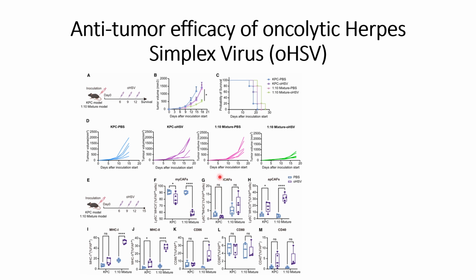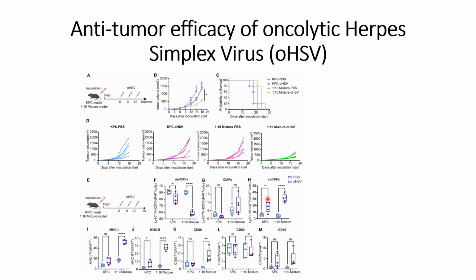And when they check the induced CAF, although it shows a decrease in the KPC and an increase in the 1:10 mixture, those changes are non-significant. So they do not put much attention on this induced CAF. Next they check the antigen presenting CAF, and it seems to be upregulated, which is observed in both the KPC and 1:10 mixture models. With the 1:10 mixture model, the increase is more significant compared to the KPC model.